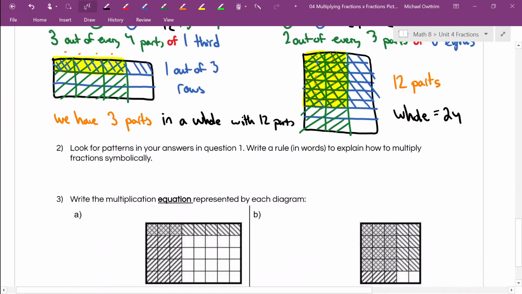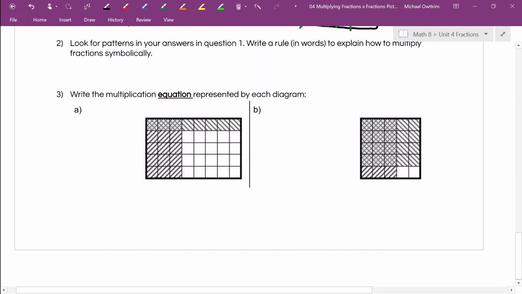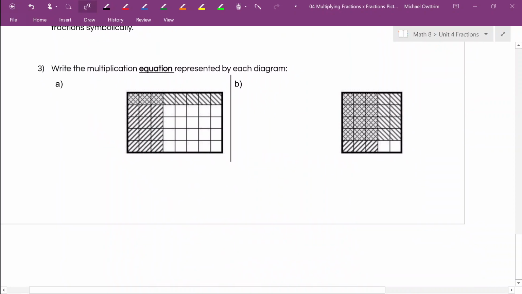I'll leave our symbolic rule for our next lesson, but I will look at our multiplication statements for these diagrams. Like we did when we were drawing them, we want to think about rows and columns. So for the rows, I see 1 filled in out of 1, 2, 3, 4, 5 total.